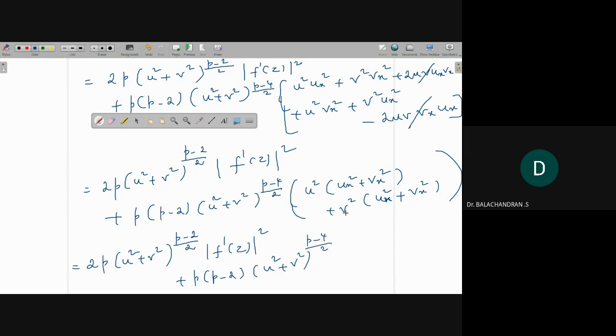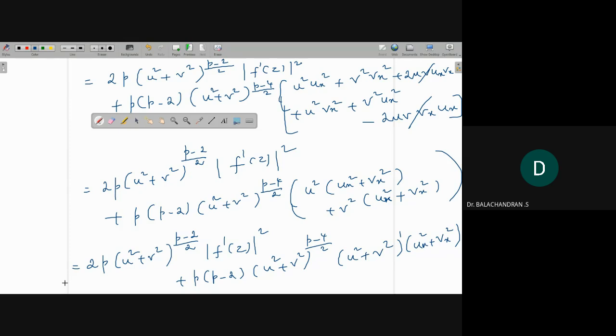If I take ux² + vx² commonly, you have u² + v². So this is |f'(z)|², and this is |f'(z)|², here I have power 1. So you should group these two.